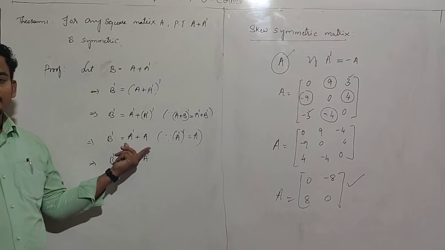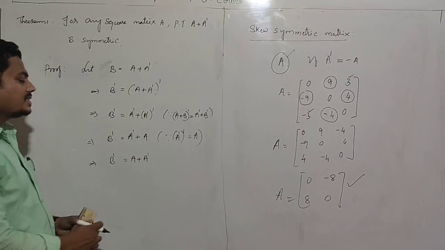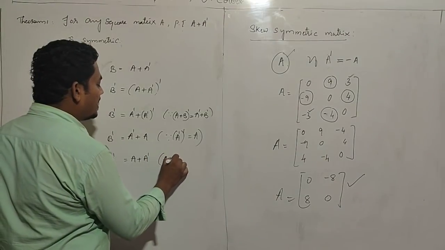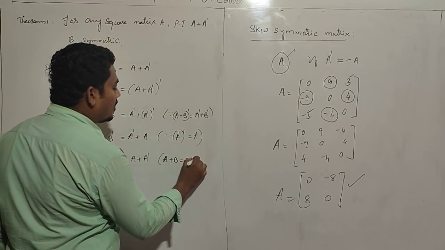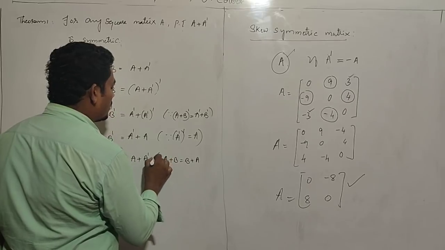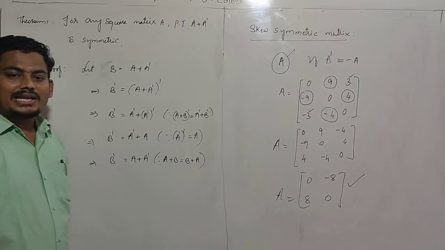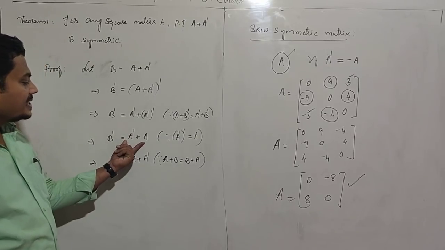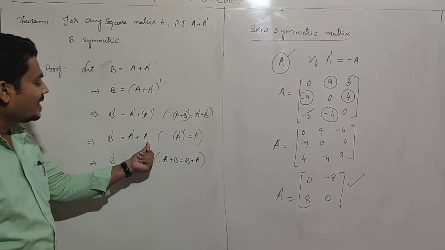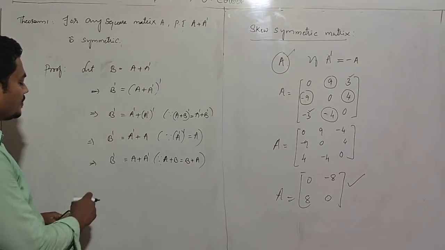Matrix addition is commutative, means A plus B is the same as B plus A. Matrix multiplication is not commutative, but matrix addition is commutative. So A transpose plus A is the same as A plus A transpose.